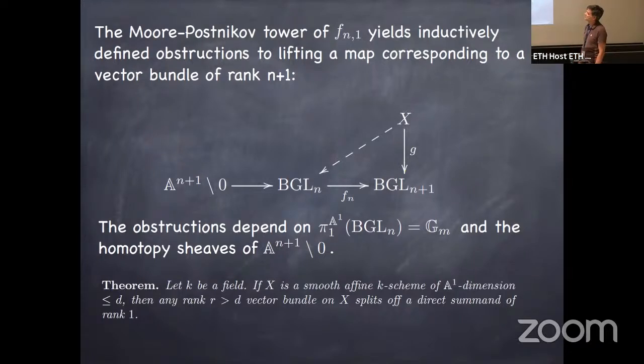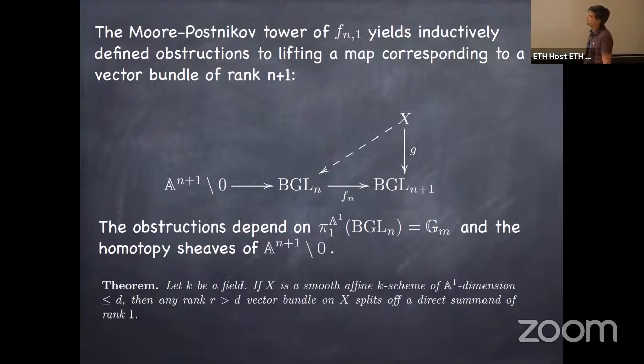Actually, it's not quite A^{n+1} minus 0, but it's isomorphic to A^{n+1} minus 0. So if we have an actual vector bundle from X to BGL_{n+1}, an n plus 1 vector bundle on X, which is affine, then it corresponds to a map. And we want to ask, can we lift this map to BGLN? In other words, can we find a free factor of rank 1?